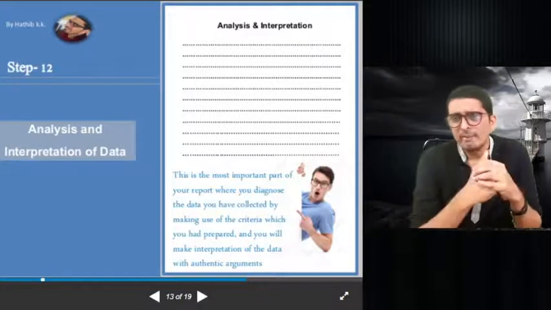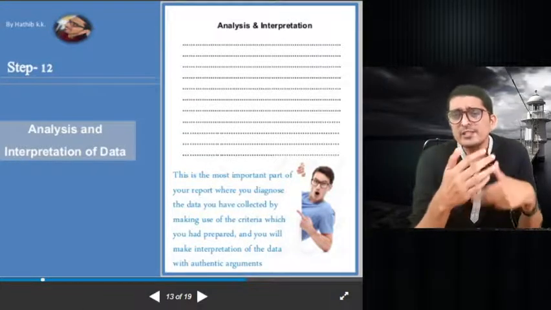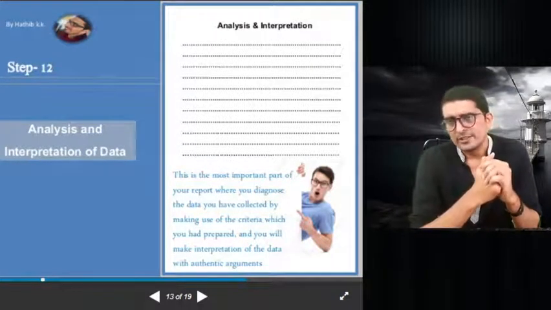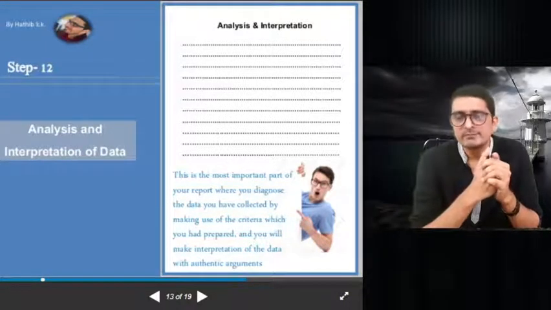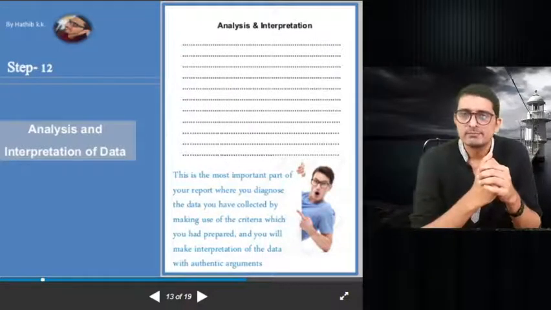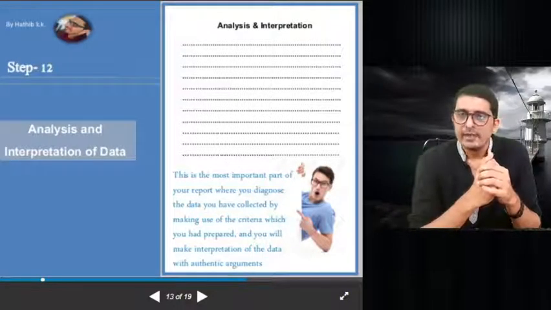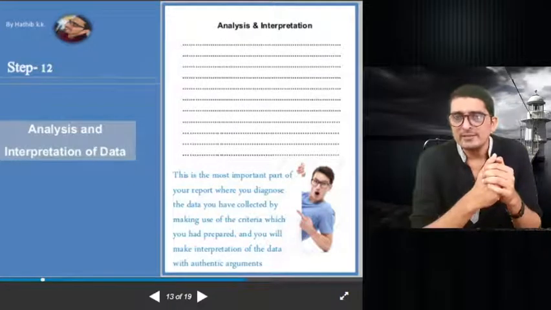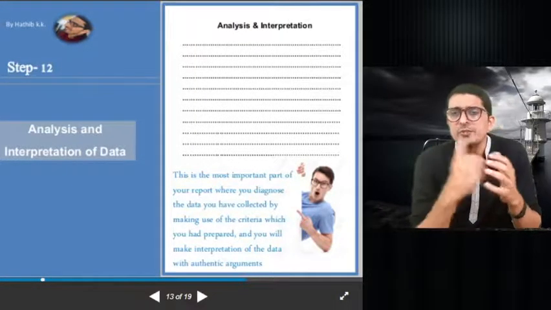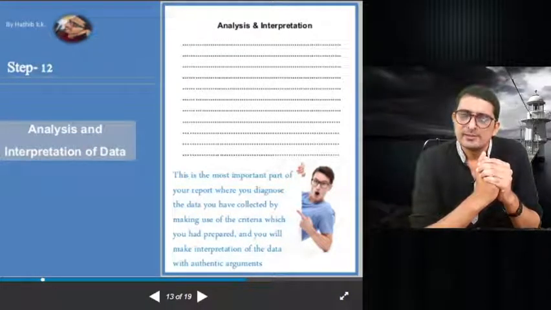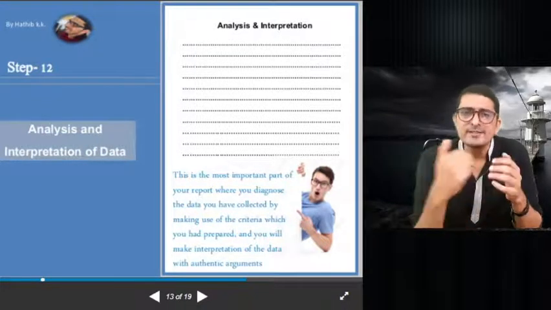For example, if there is a question in your questionnaire, just like this, does your husband like the food you prepare? And from among 100 women, 60 women tell that their husbands do so.